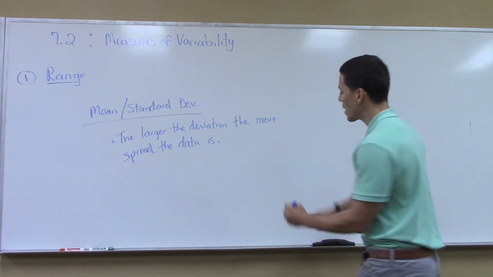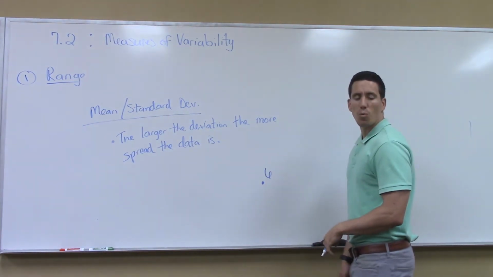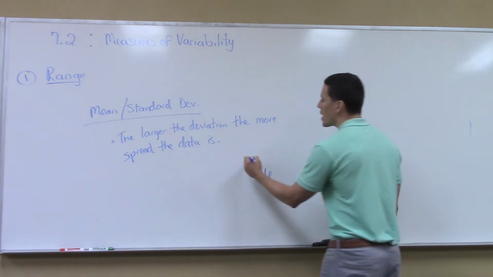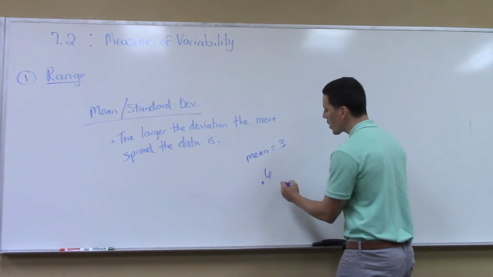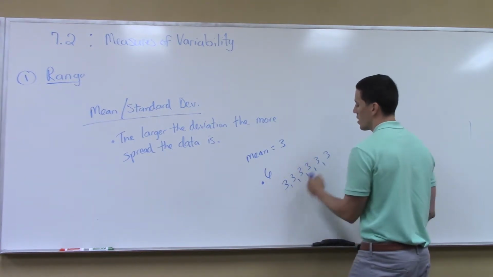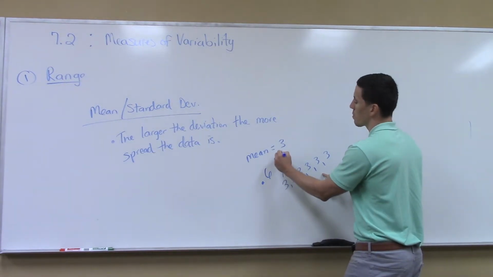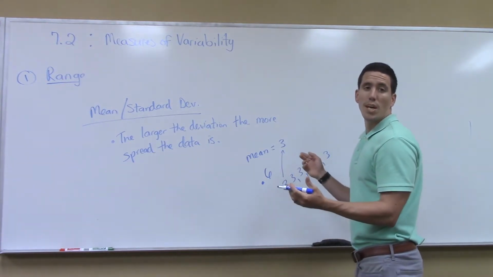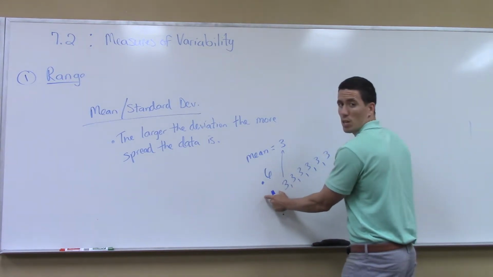So in our last example, when we got 0.6, that's a pretty small number. It's less than 1. Why is that? Well, the mean in our last example was 3, and we had a bunch of data points, if you remember 6 of them, that were 3. The distance that each of those is from the mean is 0, and the other numbers that were not 3 were actually still pretty close to 3.